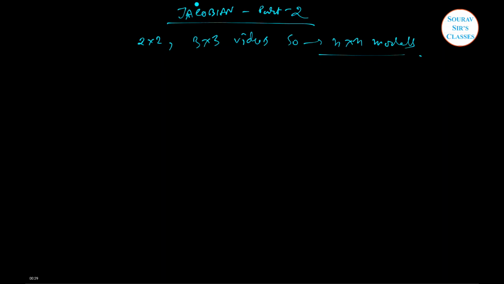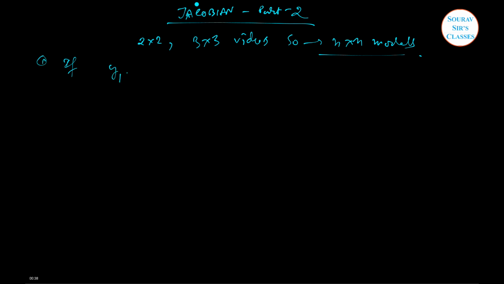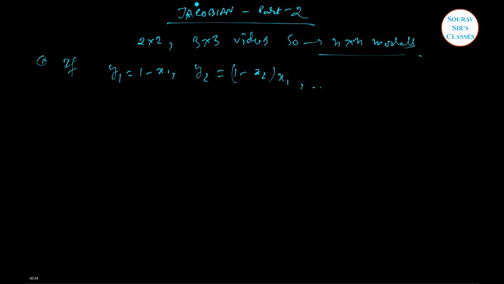That is, y1 equal to 1 minus x1, y2 equal to 1 minus x2 into x1, and y3 equal to x1 x2 into 1 minus x3.